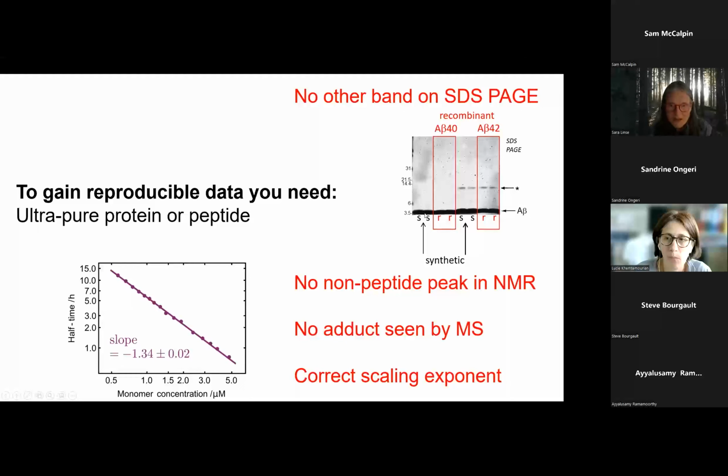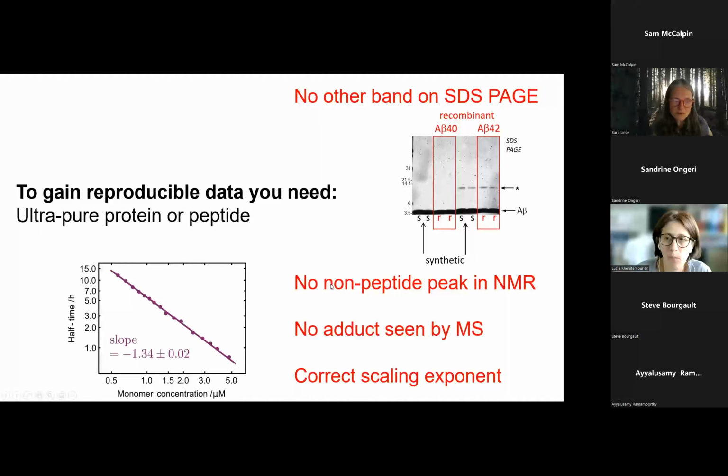You don't see if there are D amino acids, which are racemates. And this is A beta 42 recombinant and synthetic, and this is often called the SDS artifact. So I mean, this is the same for any protein you do. You have to check that there is nothing else to be found on your gel. And if you work with tau, for example, it's super important that there is not a shadow of an extra band underneath, because that massively perturbs the aggregation kinetics. So it needs to be one form, no other proteins.